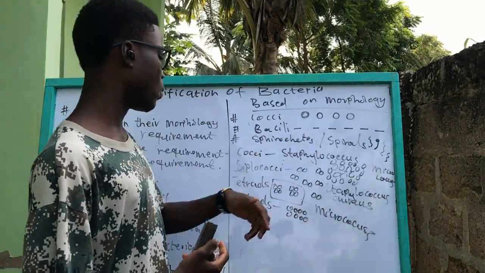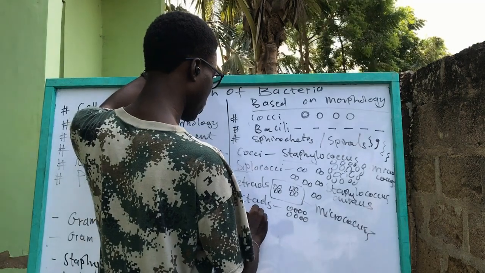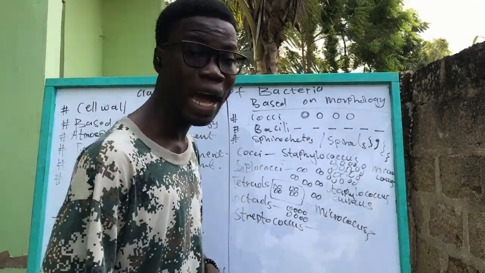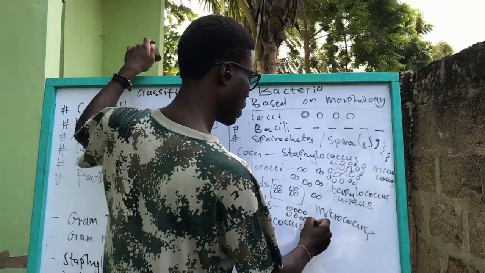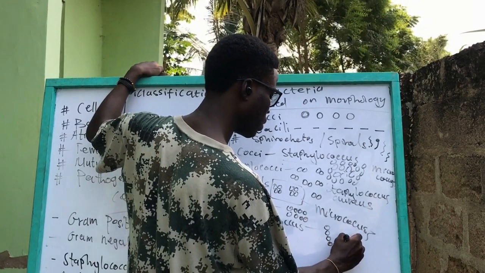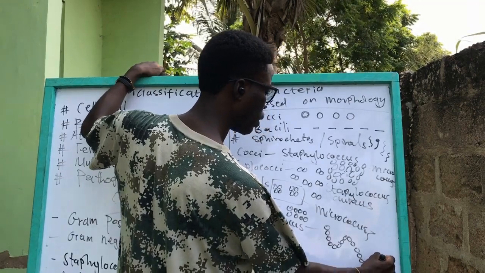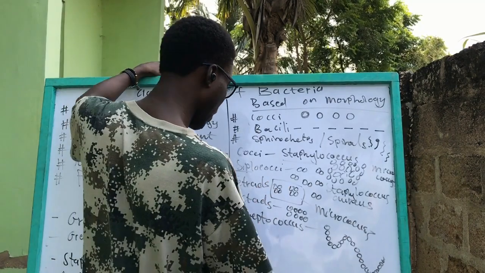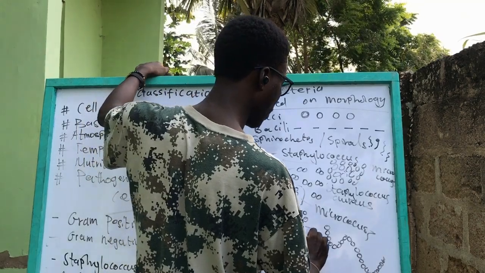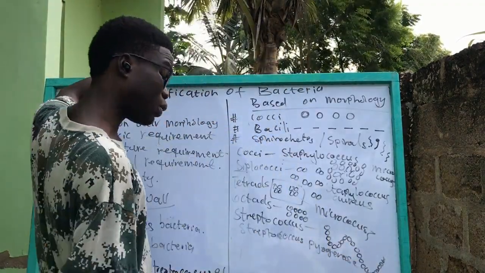Then aside from staphylococcus, still under the same cocci, we also have streptococcus. They are cocci that are arranged in chains. So you can see them like this. Examples of the streptococcus are Streptococcus pyogenes, then Streptococcus pneumoniae.